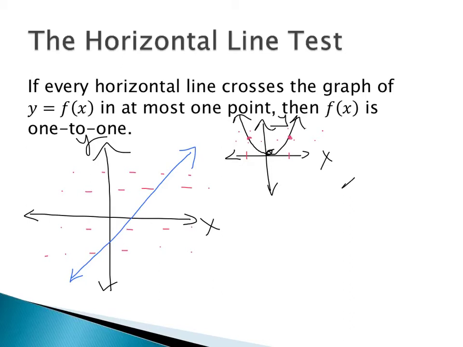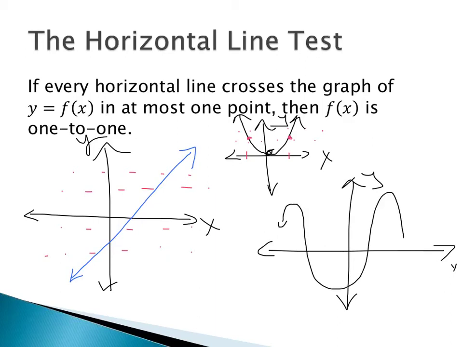We can do this with any polynomial where it's got multiple curves occurring, and any of those that have multiple x values that give you the same y value. So this one gives you this value, this guy over here gives you that y value, this gives you that y value, and this x gives you that y value.